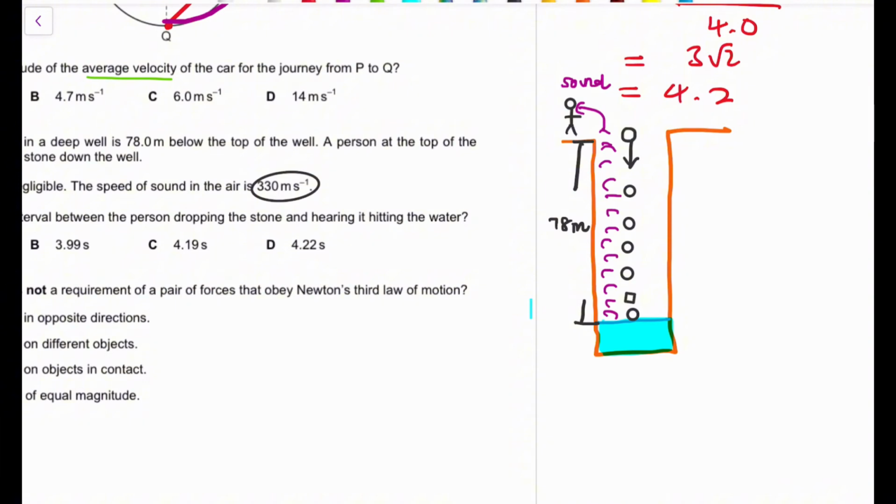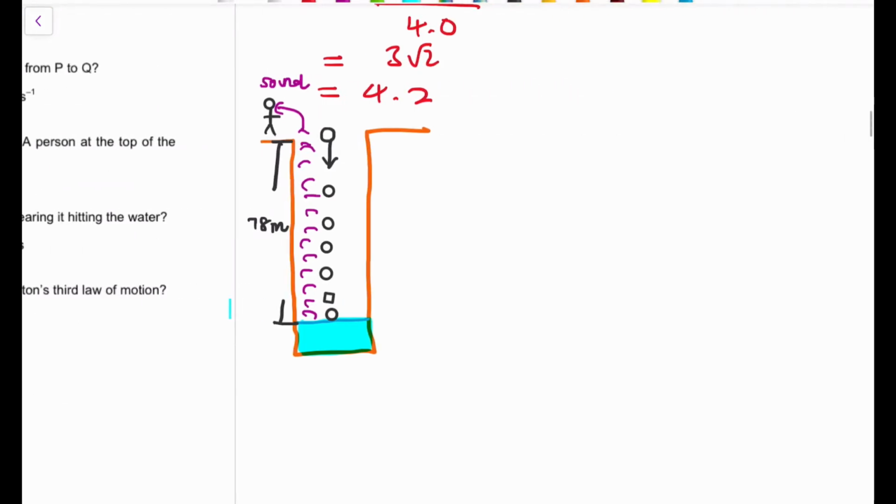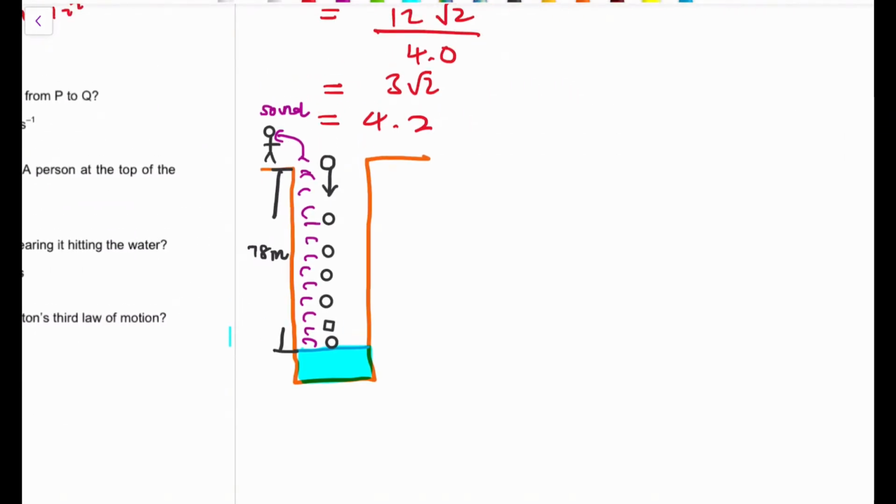So how do I find the time taken for the stone to hit the water, and then the time taken for the sound to reach the person? Basically, my total time consists of two things.